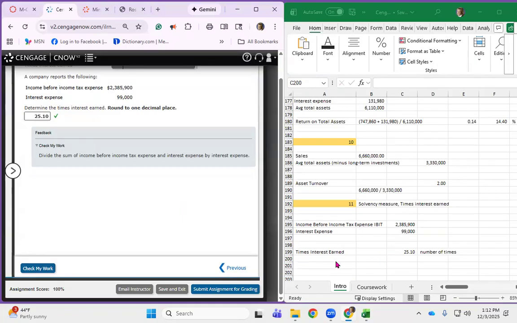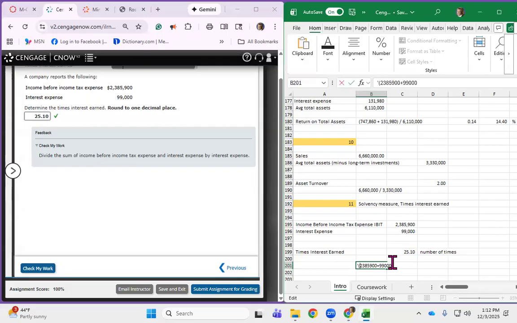Okay, so now I'm going to put down how we got this number, and then we're going to be done with these intro exercises. Here one more time is how we got the number. We take the income before income tax, which they gave us, and we add the interest expense to it in a set of parentheses.